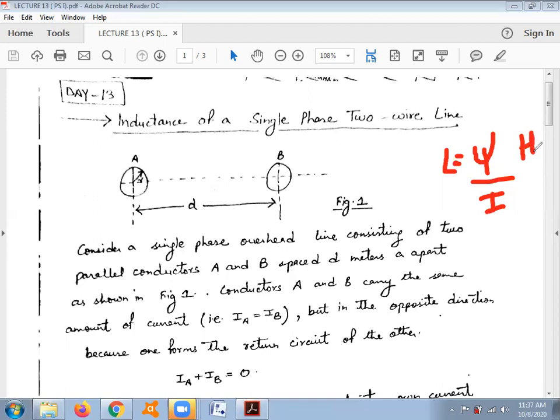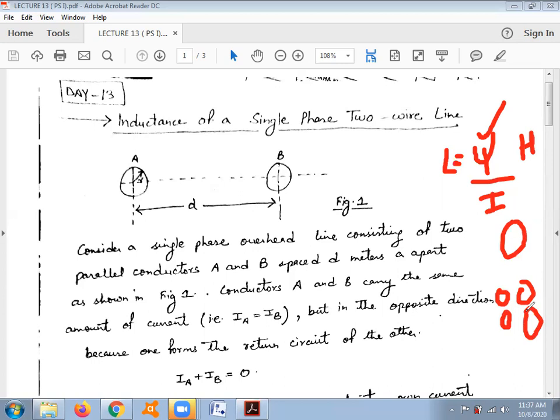In the past few days we discussed how to calculate the flux linkage in case of a single current carrying conductor or in case of multiple conductors connected in parallel. We have learned till now how to calculate the flux linkages for a single conductor and for multiple conductors.